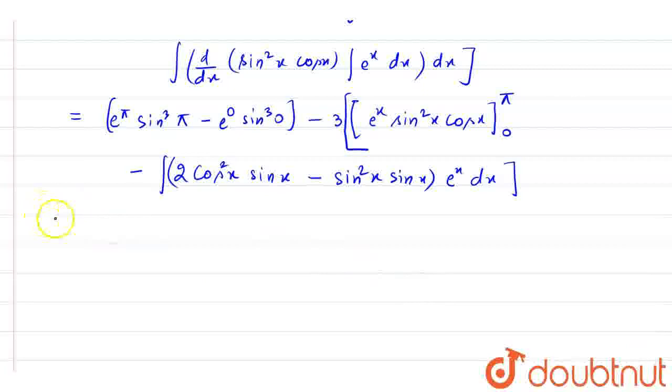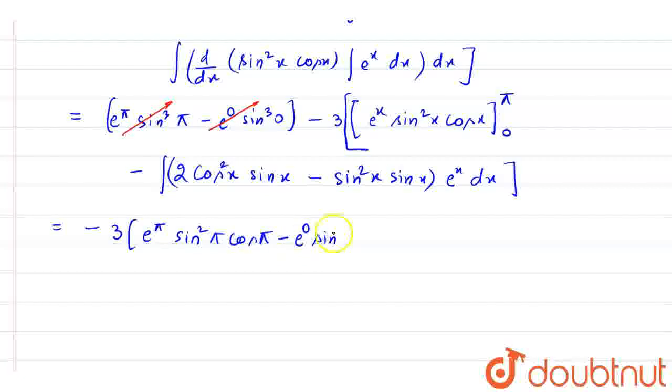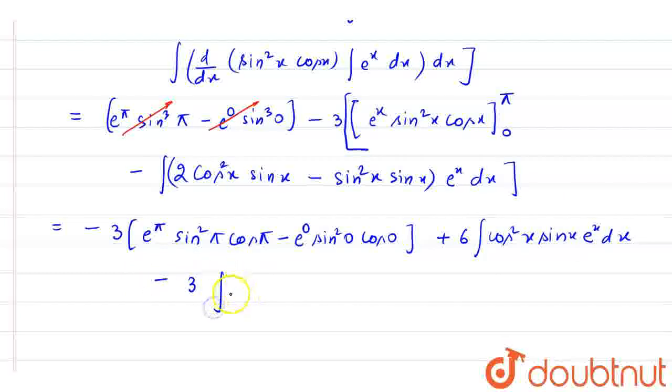Now this whole value is 0 here, this is 0, this is 0, so we have minus 3. Now again I am going to put the upper limit. We have e to the power pi sin square pi cos pi minus e to the power 0 sin square 0 cos 0, and we have plus 6 cos square x sin x e to the power x dx, and here minus 3 sin cube x e to the power x dx, and the limit is 0 to pi.